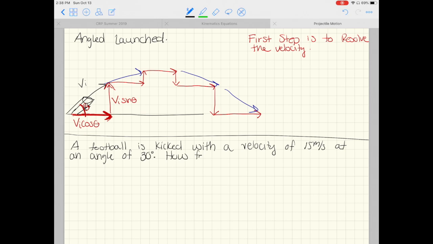How far does the football travel before it lands?